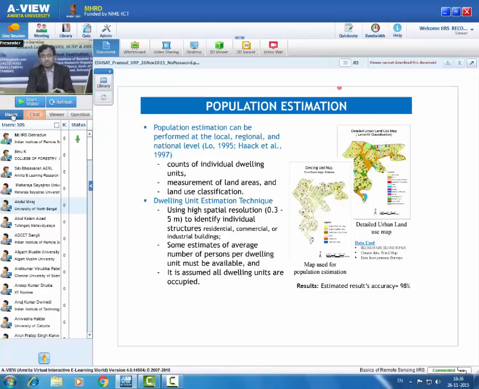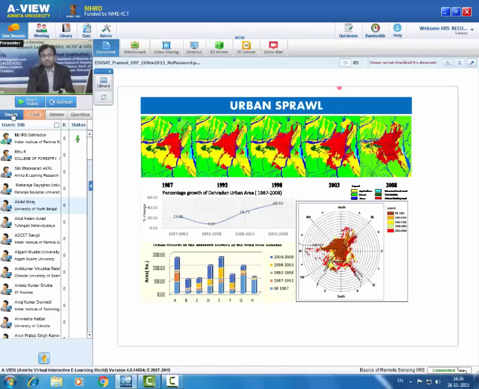It involves understanding the number of families and the size of each dwelling unit, and it is assumed that each dwelling unit is occupied. There are some limitations, but even then in some sample areas we have found more than 90% accuracy.